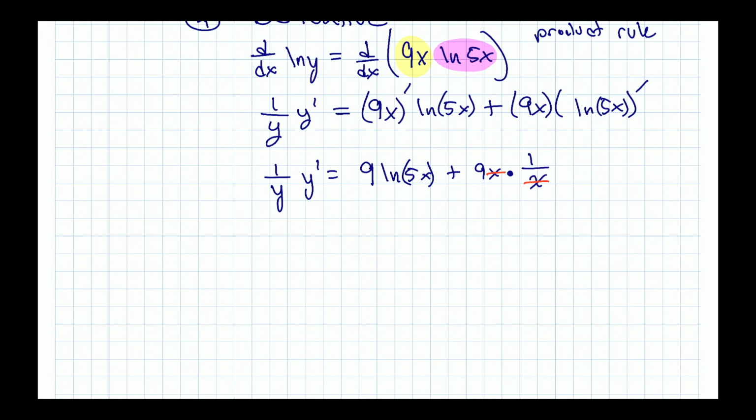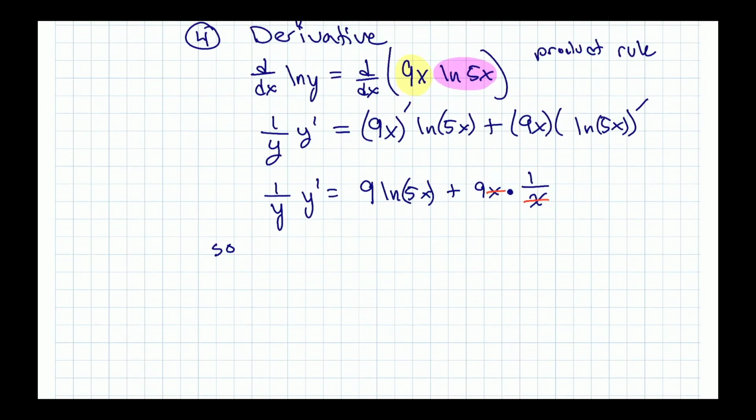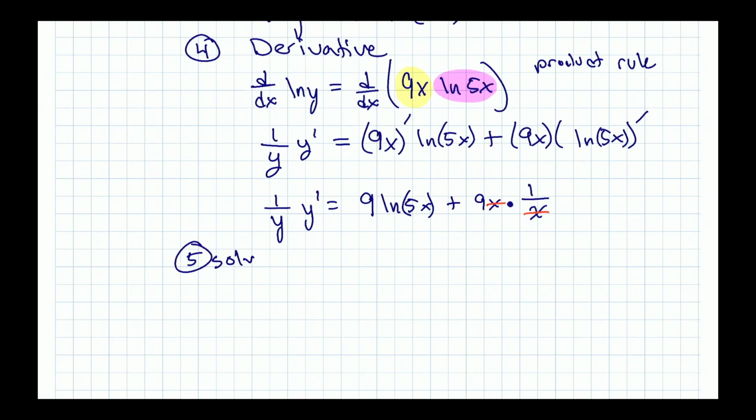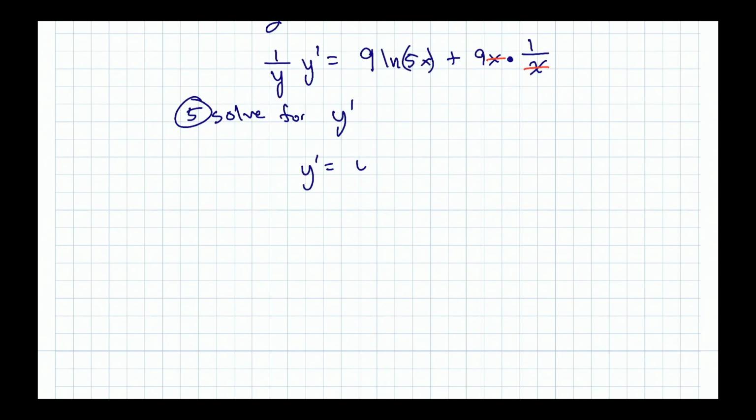So what do we want to do? We want to solve for y prime. So we got y prime equals y times, and over here, I'm not doing very much yet, I am just going to write it as plus 9 and stop there. Second to last step, we need to replace y with what y is.